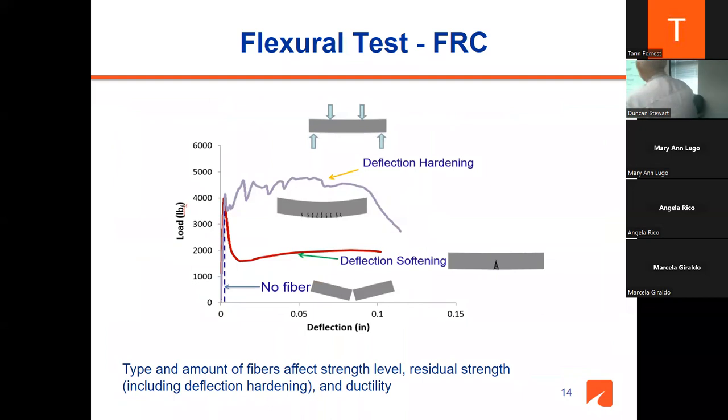In the plain concrete, if you use a flexure test, meaning that you apply lateral loads like you see on the top there, you will find that if there's no fiber, at a certain load and very minute deflection, it separates into two. You get two pieces.